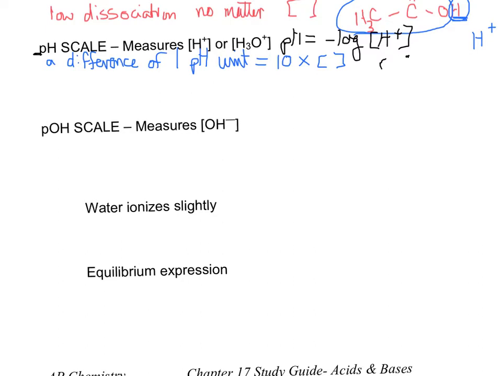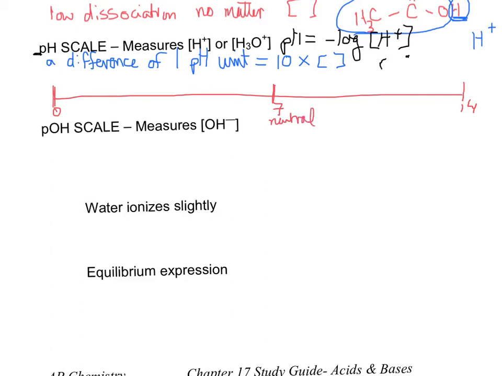So, like we said, the pH scale measures the H plus concentration or the H3O plus concentration, same thing. The pH scale goes typically from 0 to 14. Now, in reality, it could actually go above 14 and below 0. The middle, which is 7, is neutral.